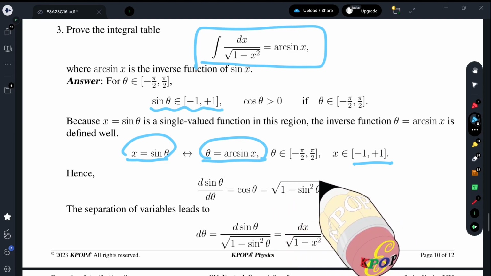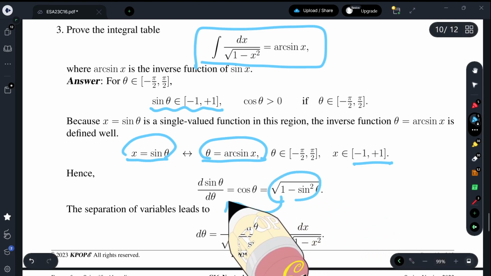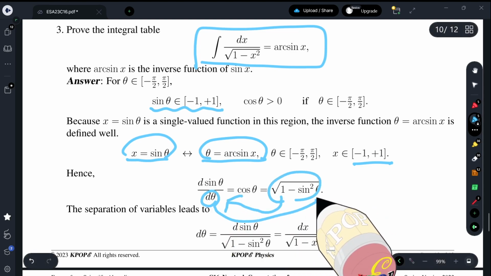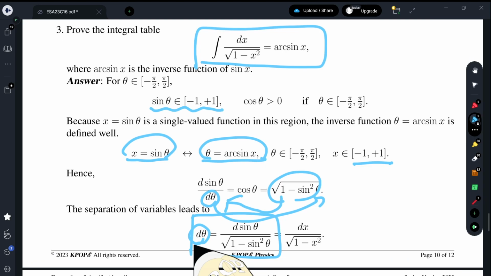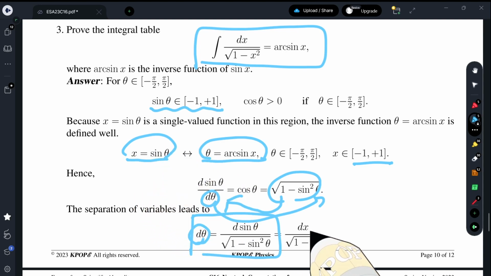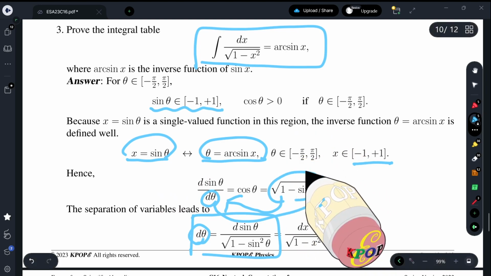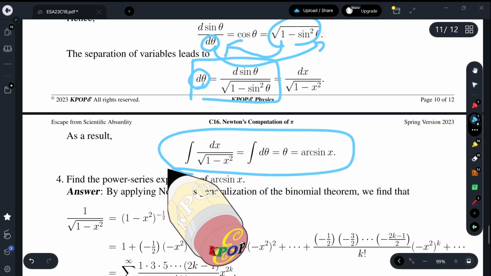And we can make use of the separation of variables by moving this one to the left side, and this one to the right side, to have a very trivial total derivative on the left hand side. And because by definition x equals sine of y, so this is dx over square root of 1 minus x squared. Using this, we can construct the integral table.